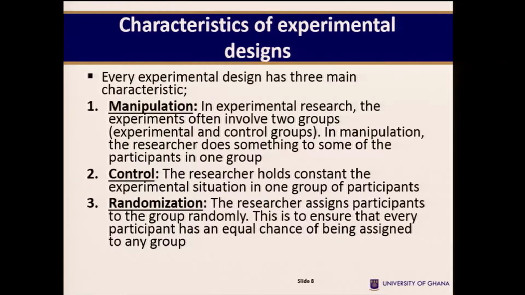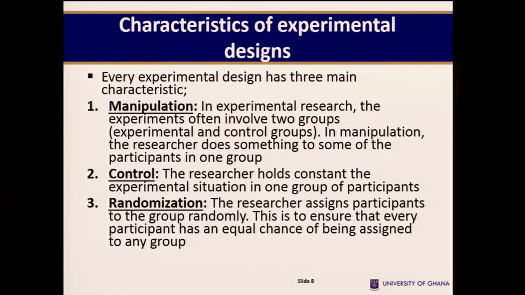The next feature is randomization. I talked about the fact that you need to divide these students into two, to manipulate one and not the other. You don't just decide that student A, you are in control, and student B, you are in treatment, or you are in the experimental group. Randomization is what is used.